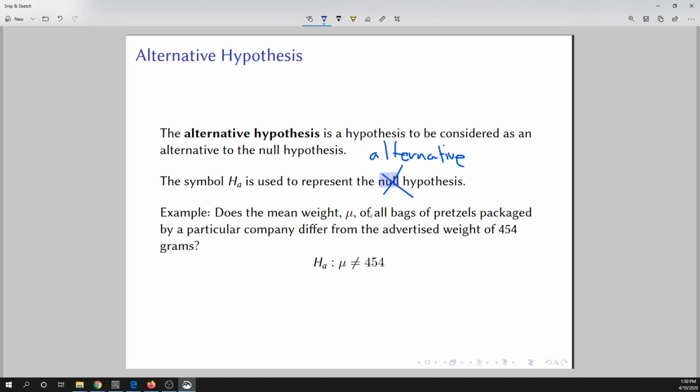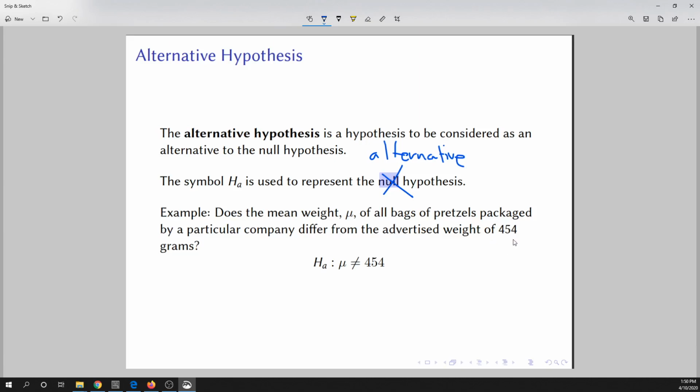Okay, so going back to the pretzel example that we've been talking about, it says, does the mean weight mu of all bags of pretzels packaged by a particular company differ from the advertised weight of 454 grams? So for whatever reason, maybe the quality control people at this company think something's off with our process, and we think that this is no longer the case, or maybe they just want to investigate, is this no longer the case?